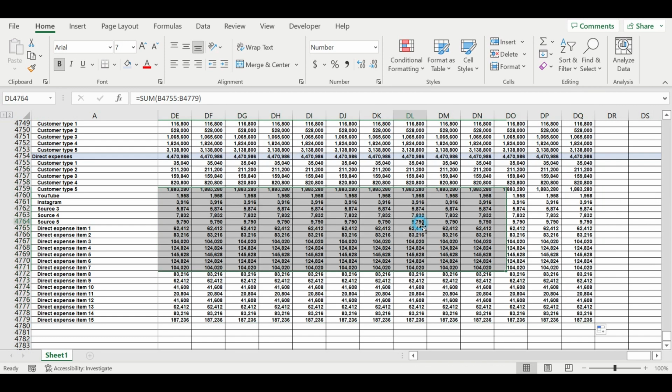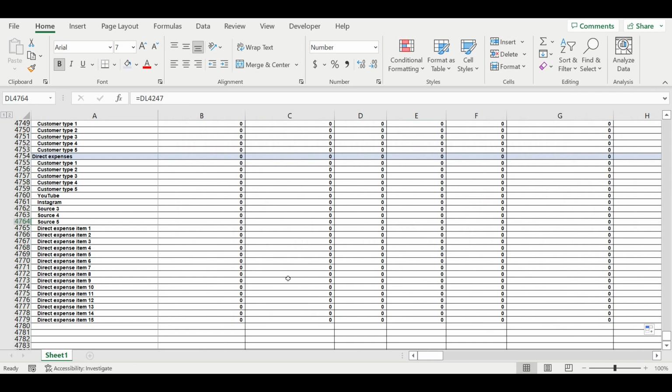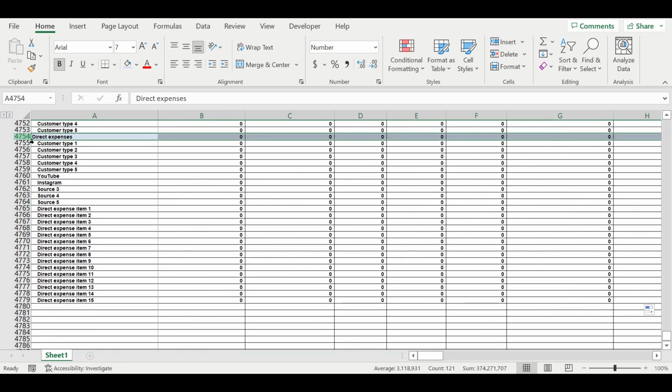So then, after direct expenses, we are moving to payroll.